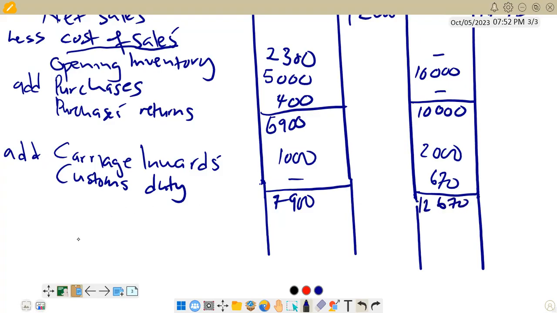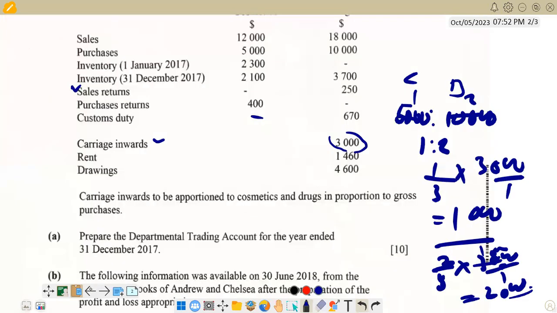Then obviously the last one we say less closing inventory. For closing inventory, again, we check in the question. We get it here at the end, that is on 31 December 2017.